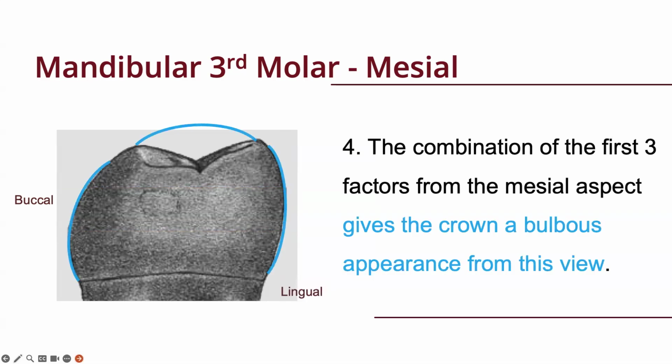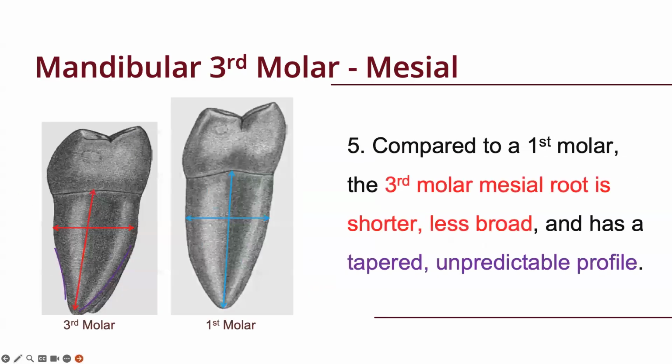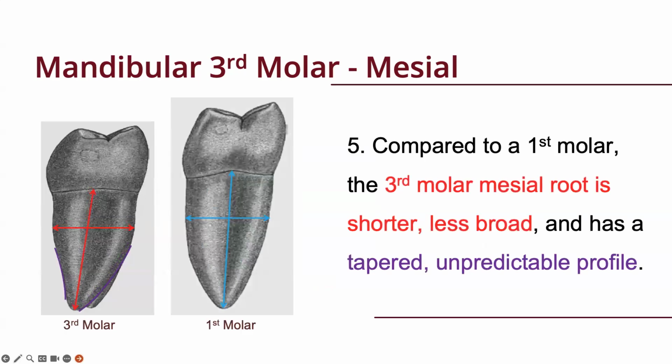The combination of the first three factors from the mesial aspect gives the crown a bulbous appearance from this view. Compared to a first molar, the third molar mesial root is shorter, less broad, and has a tapered, unpredictable profile.